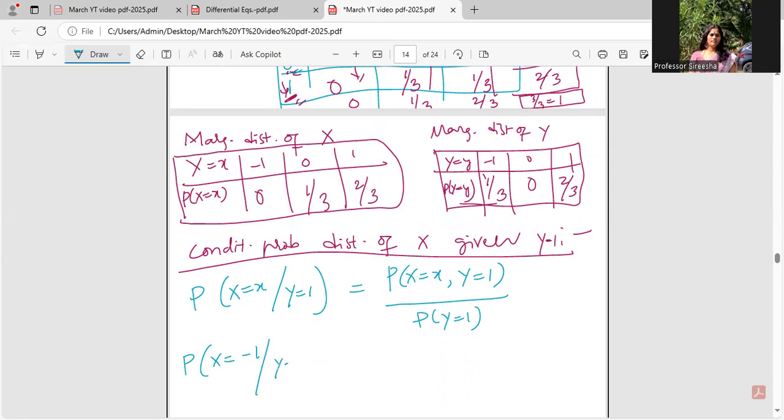For Y equal to 1, you know what exactly it is. P of capital X equal to -1, Y equal to 1, divided by P of Y equal to 1. See the values here.